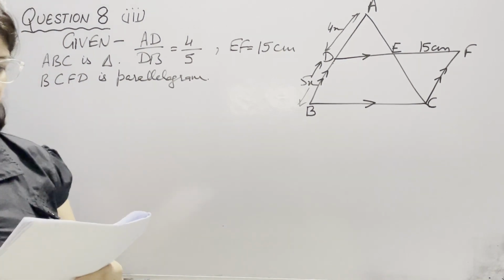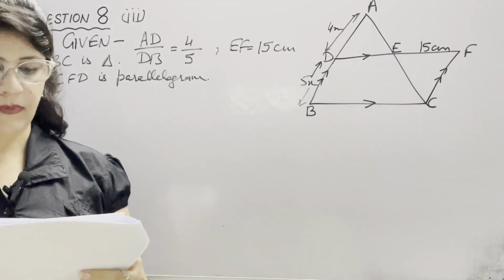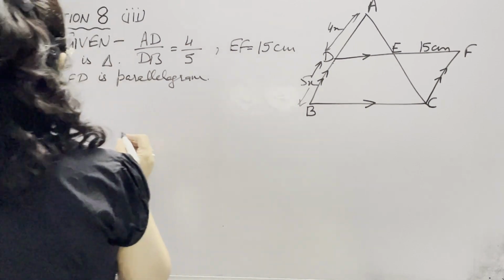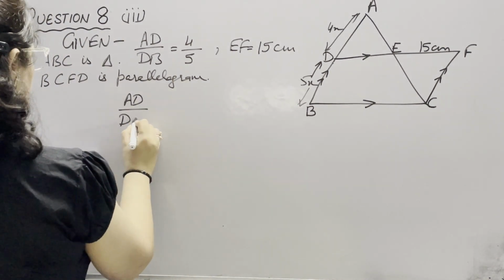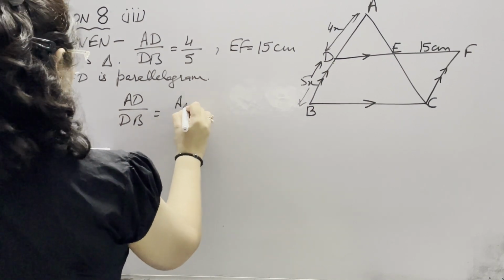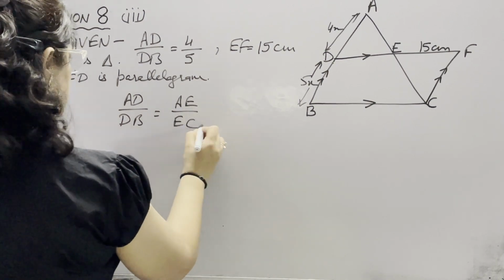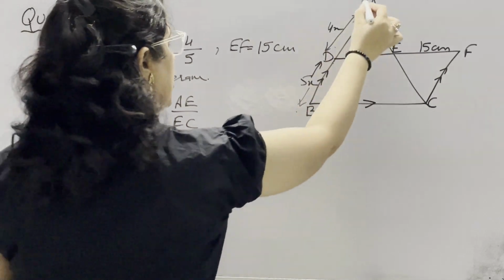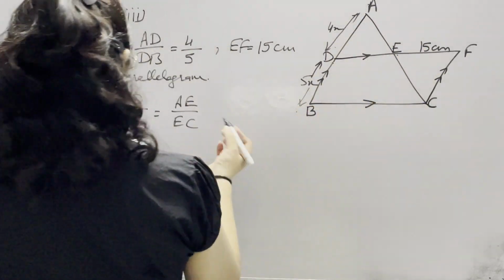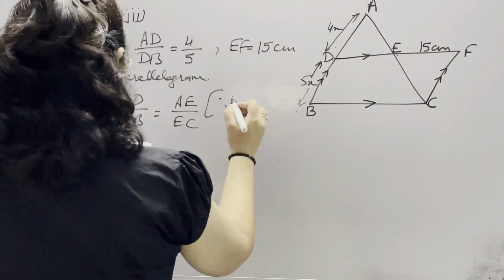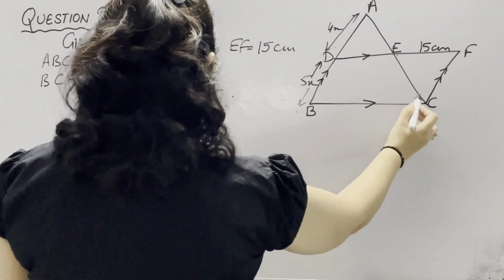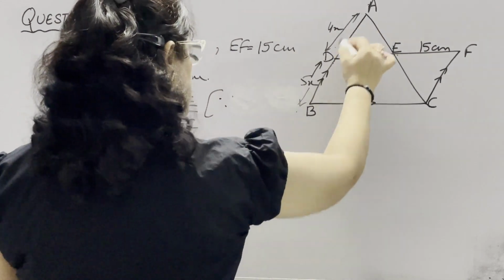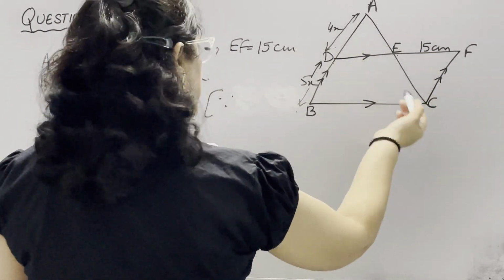Now we know that AD upon DB is equal to AE upon EC, because a line drawn parallel to one side of the triangle divides the other two sides of the triangle in proportion.